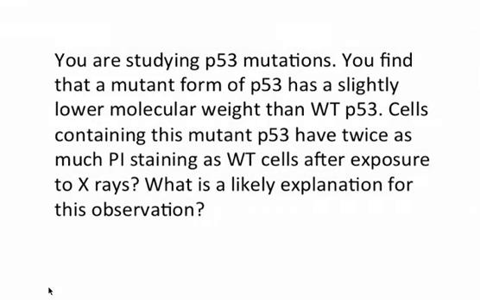Sometimes apoptosis, but in what I just told you guys, gene expression of what kind of gene? Genes that prevent entry into cell cycle, right? Because you don't want to do that when you have DNA damage, right? Like CKIs, okay? So here you've got this p53 mutant that you know nothing about except for the fact that when you treat your cells with X-rays, your wild type does what it's supposed to do and increases in size.